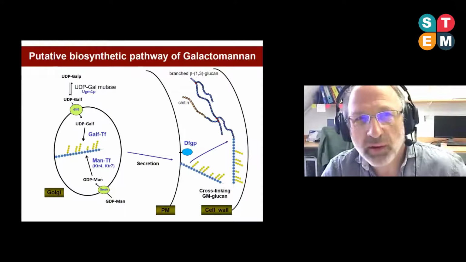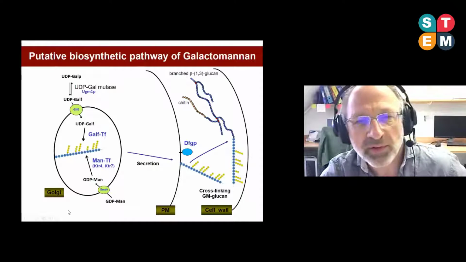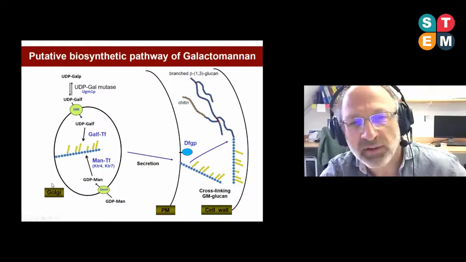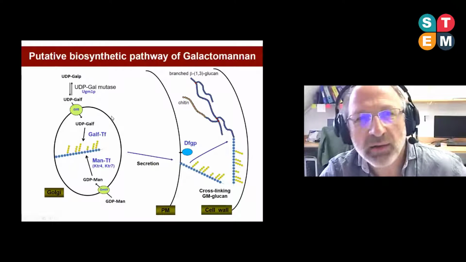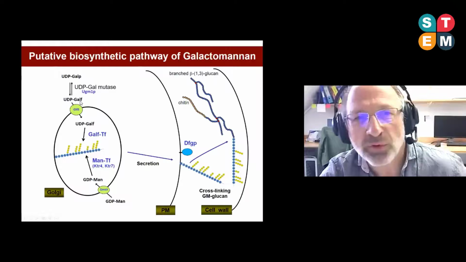Just to summarize my presentation on the biosynthesis of the Galactomannan in Aspergillus fumigatus: this biosynthesis occurs in the Golgi and requires two sugar donors, the UDP galactofuranose and GDP mannose.